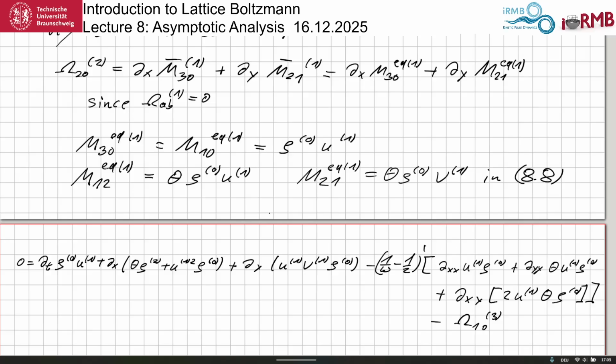Okay, I'm going to call this stuff up here A, and say that A is equal to rho to the 0 order. We take theta out and have dxx u first order plus dyy u first order.